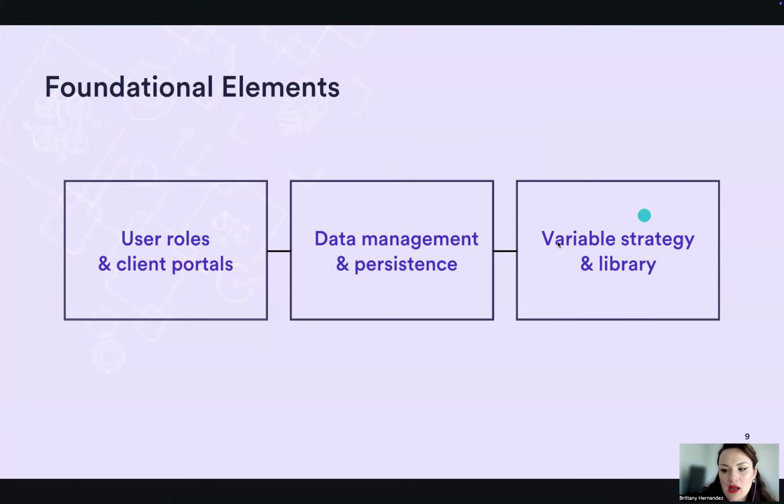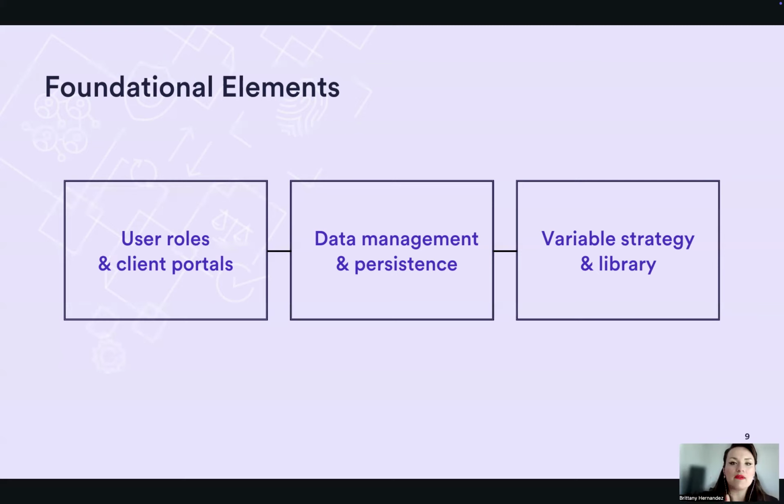So I'm going to talk a little bit now about variable strategy before we go into our exercise. When we talk about variables, a variable means that you're able to specifically identify a particular question and the answer associated with that question. It's a unique identifier that you can use in a workflow, distinguishing that one from every other question, so that you can then use it in other places in the workflow.